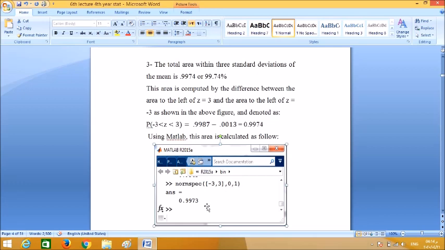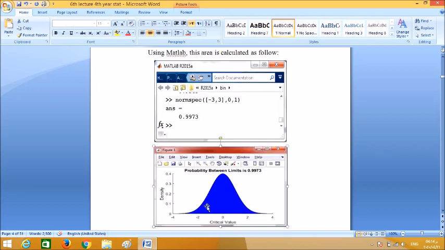So this area equals 0.997. You know that most of the area under the distribution lies between minus 3 and plus 3. Okay, right?